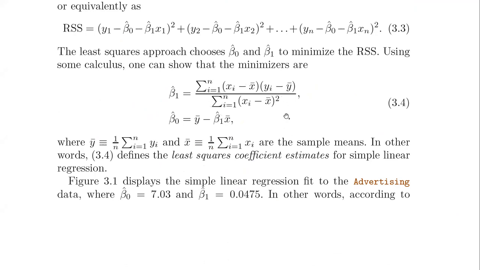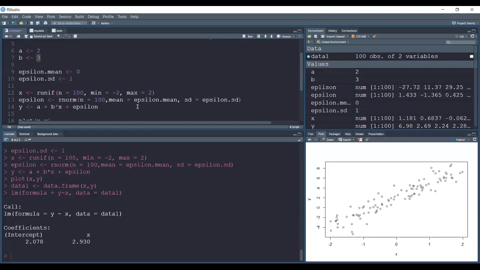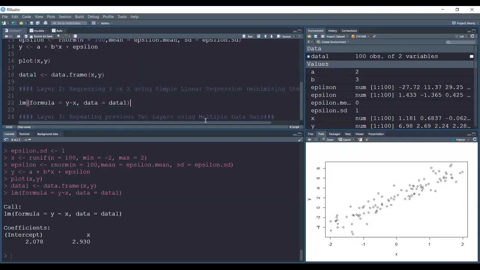How do you calculate beta 1 hat? You first need x bar and y bar. X bar is the mean of the x data. Y bar is the mean of the y data. So that's the very first thing we could do.